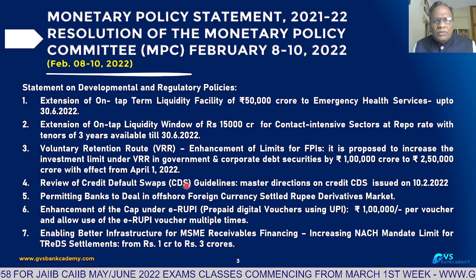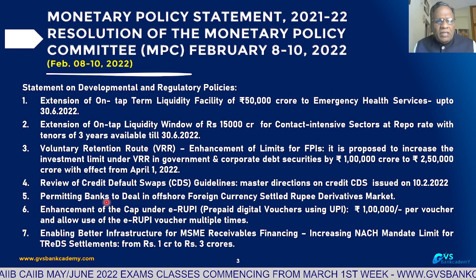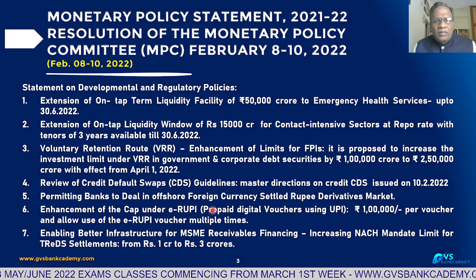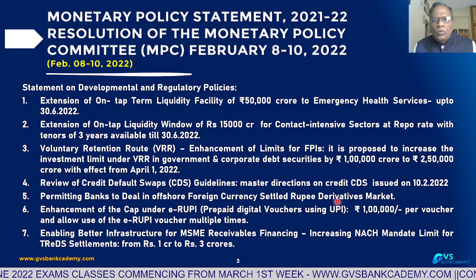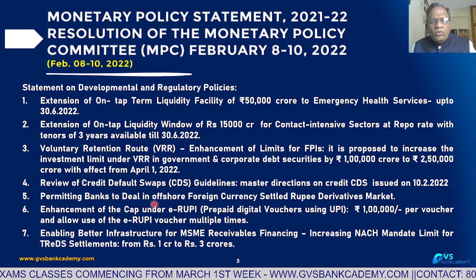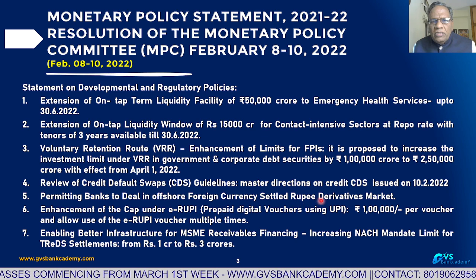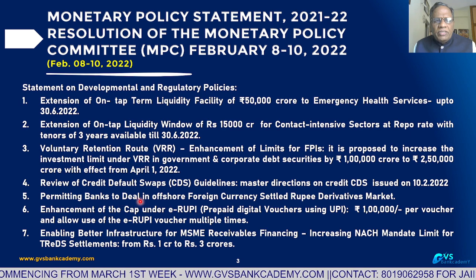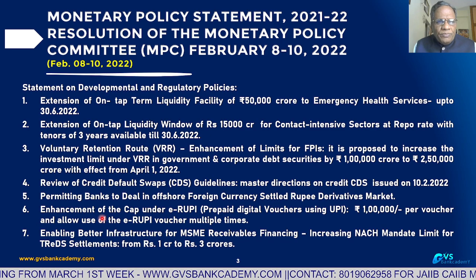Then, fifth point, Indian banks are permitted to deal in offshore foreign currency derivatives which are settled in rupees. On the maturity day, they are going to settle in rupees. Earlier, this was not there. This facility was allowed to banks to deal in offshore foreign currencies.